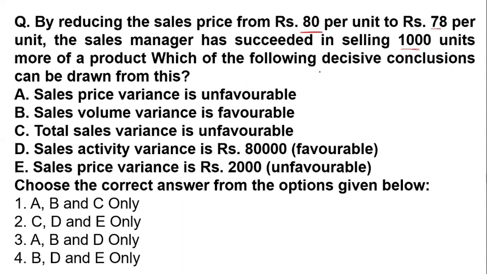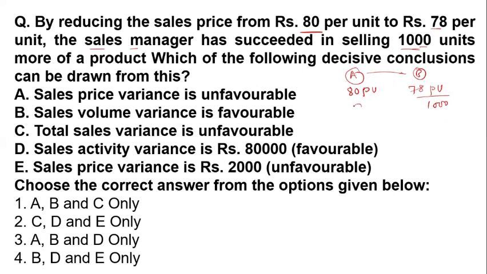Here there are two conditions given by this statement. Condition number 1: the salesman sells the product at 80 rupees per unit, and then he decides to sell the product at 78 rupees per unit. When he reduces his selling price, he succeeds in selling 1000 more units of the product.